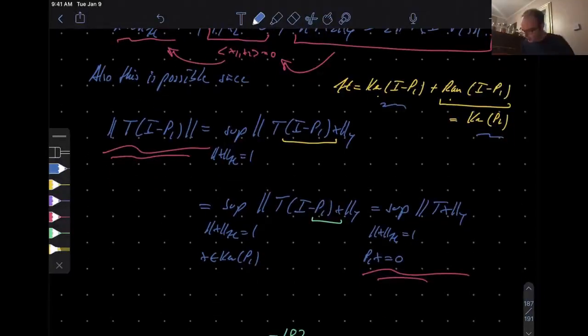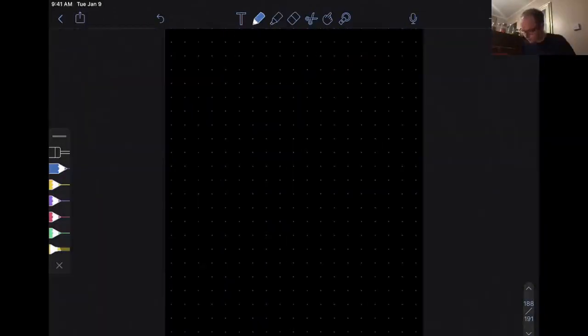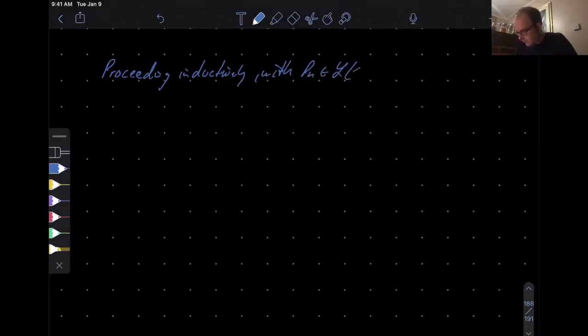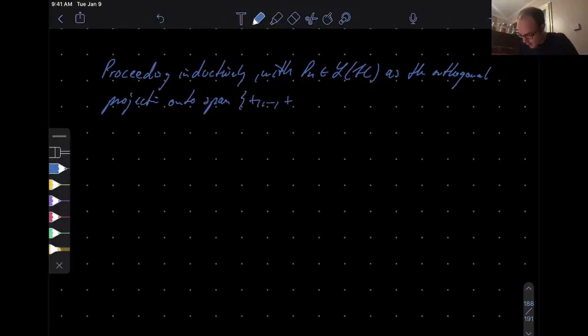Good. So now continuing in this fashion, proceeding inductively, I probably won't be able to finish the proof, but let me at least write down what we get from this inductive procedure. Proceeding inductively with Pn, from this procedure we get a collection of points x sub n, and then we define the next orthogonal projection, the orthogonal projection onto span x1 through xn.